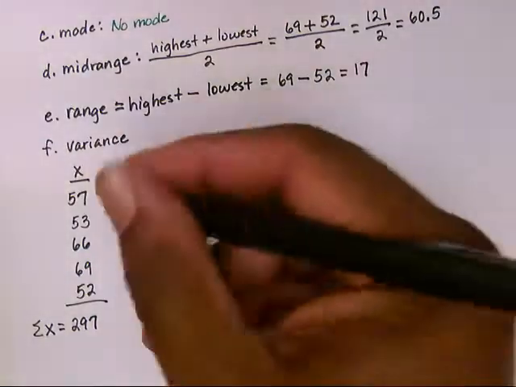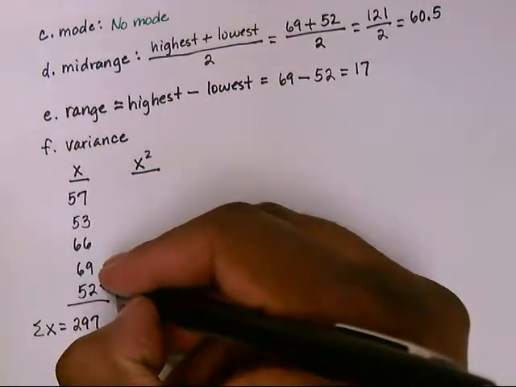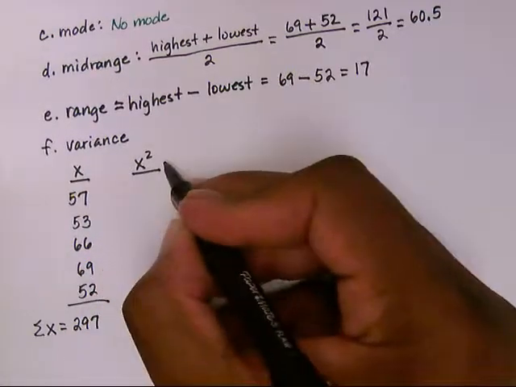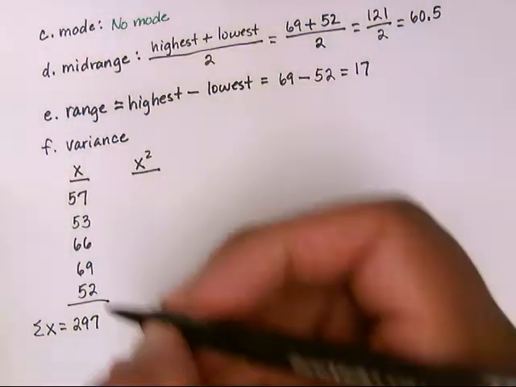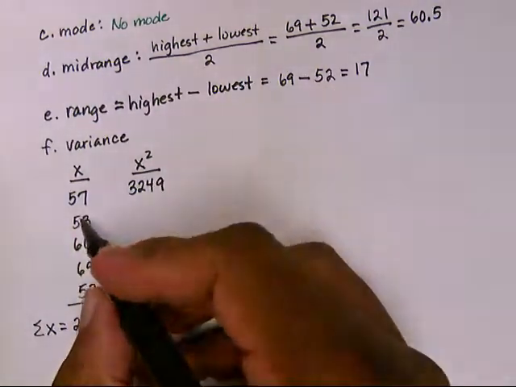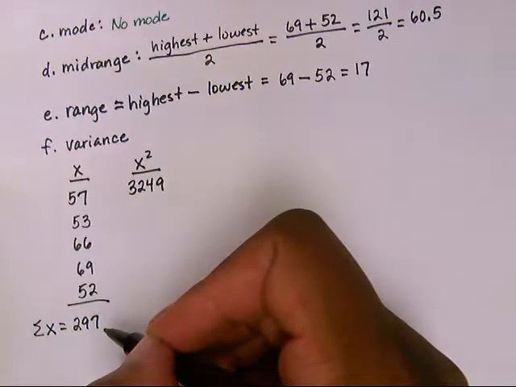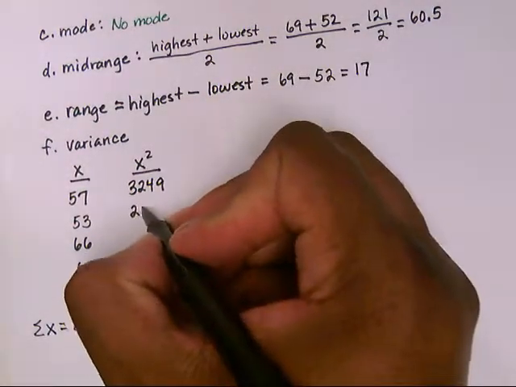Now I need to square each one of these data values. When I do 57 and I square it, that's just going to be 57 times 57, that would be 3,249. And then 53 squared, that would be 53 times 53, which is 2,809.